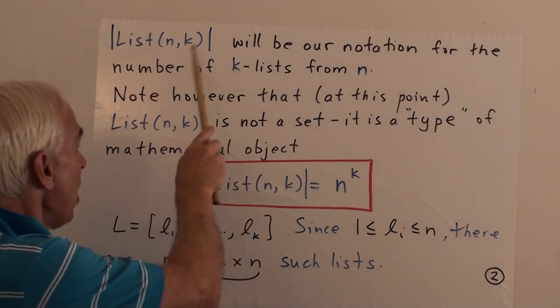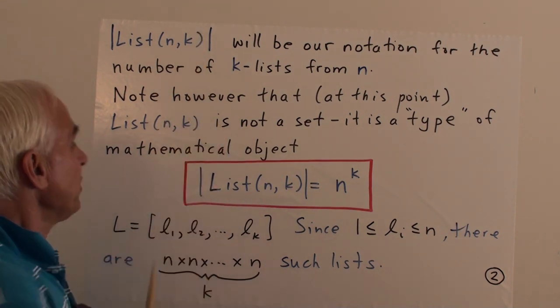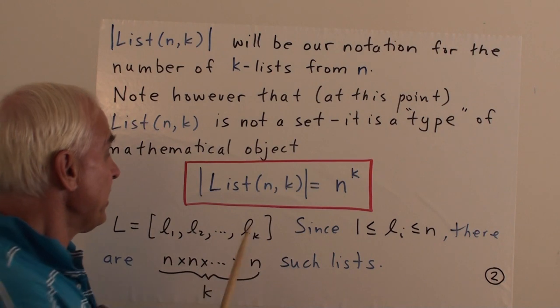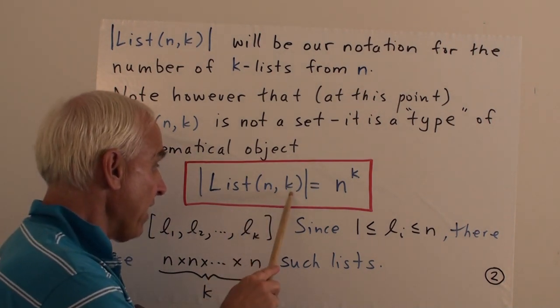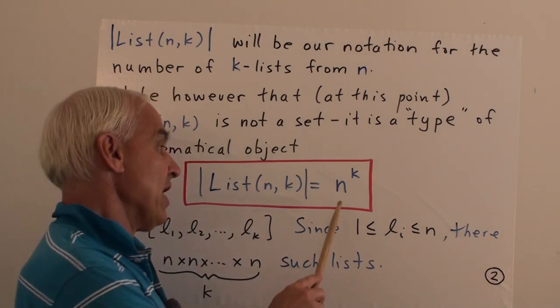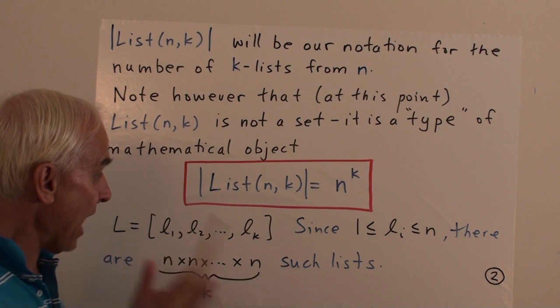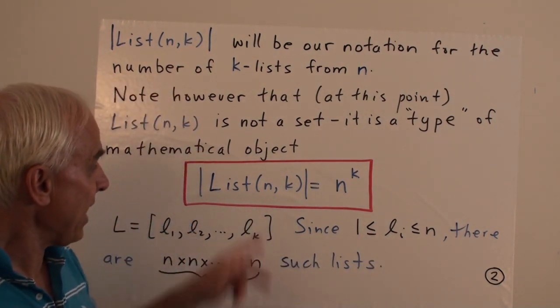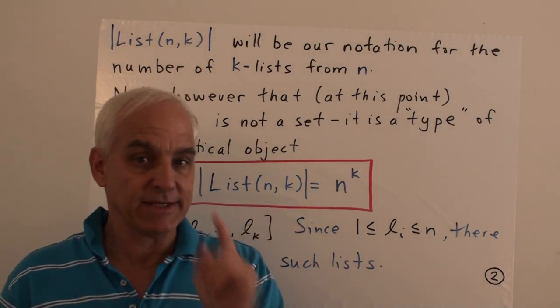At this point, this is not a set, but we are going to use the same kind of notation. Here's the basic formula that we want to establish: the number of lists which are from n and have size k is n to the k. I remind you that n here is a natural number, 1, 2, 3, 4, 5, and so on, and k can also be a natural number, or possibly 0 as well.